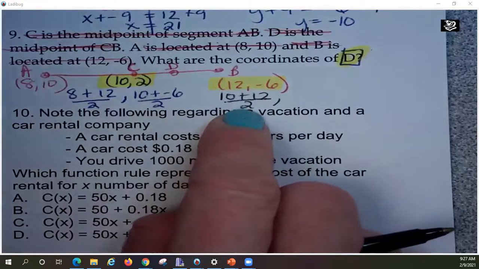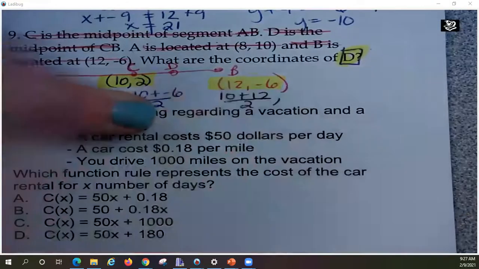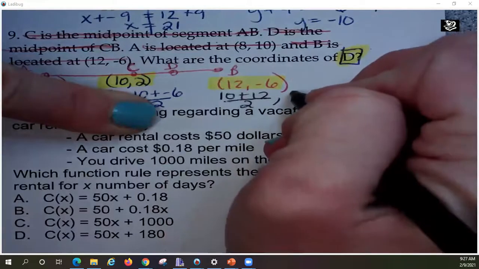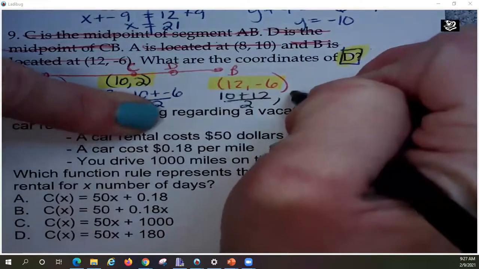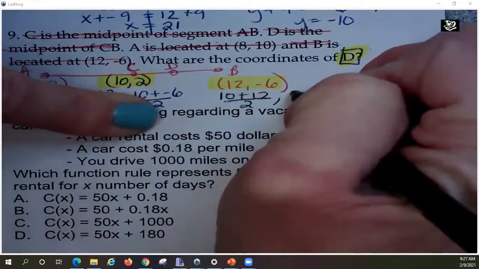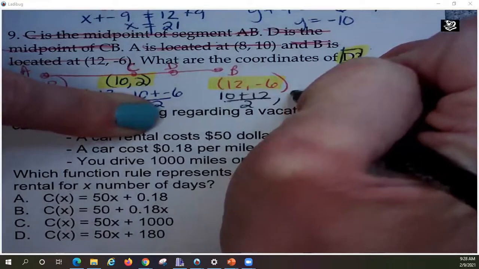Raul, what else do I have to do on this one? What do I have to do with the 2 and the negative 6? Raul, you there?